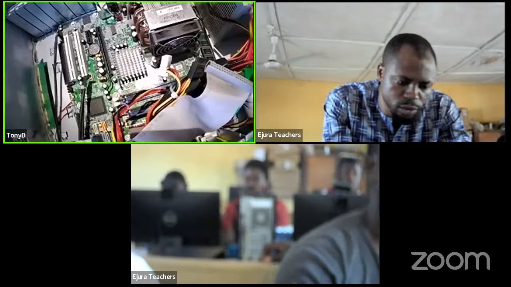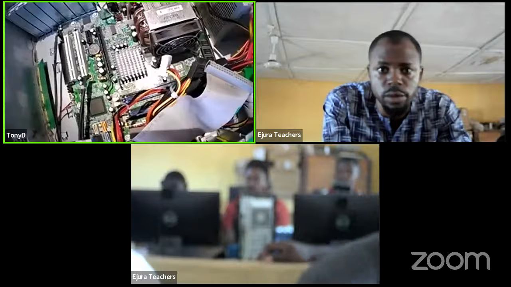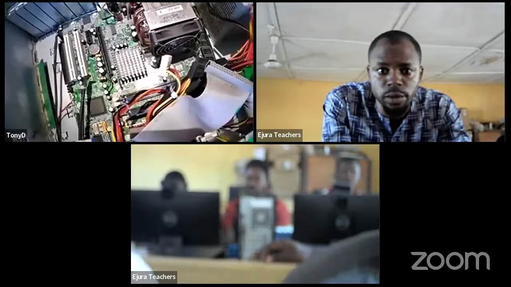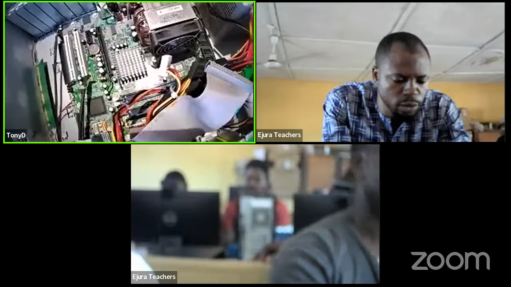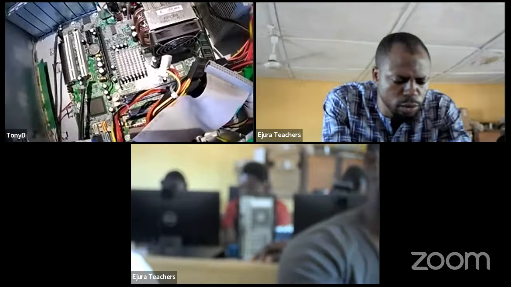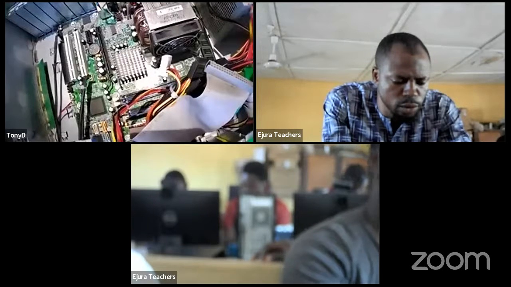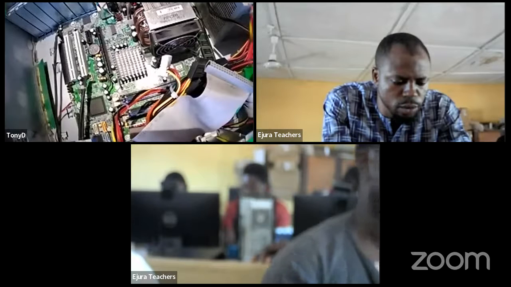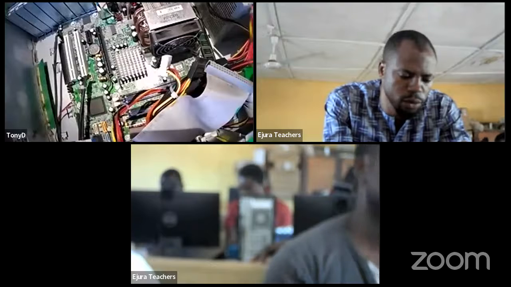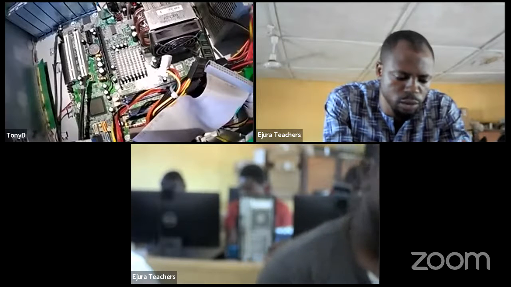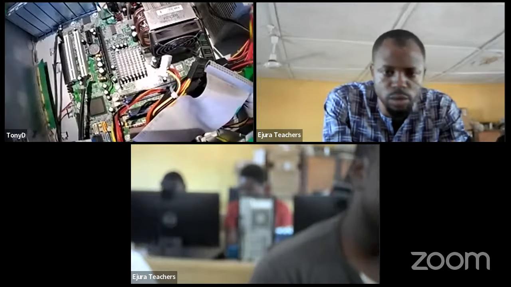Yes, go ahead. I think it does the thinking for the computer. The motherboard? If the computer wants to calculate or perform a function, the motherboard does that.